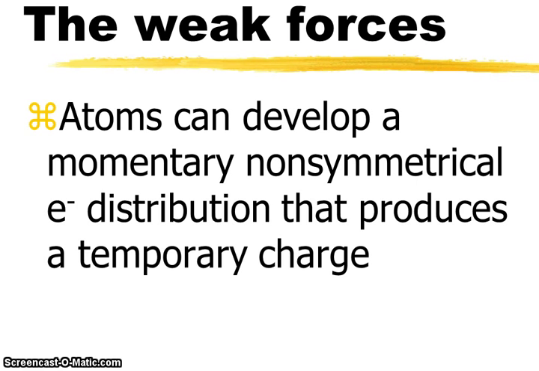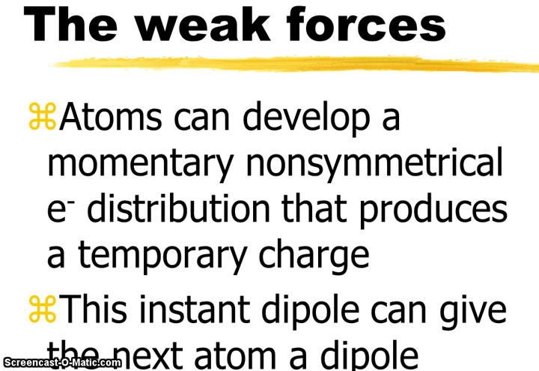Or if we're looking at a nonpolar molecule, we could at an instant in time have an uneven distribution of electrons and again form a temporary charge between or within that nonpolar molecule. And what will happen is this instant dipole in one atom or molecule will cause an instantaneous uneven distribution of electrons in another, and that will pass on from atom to atom or molecule to molecule.